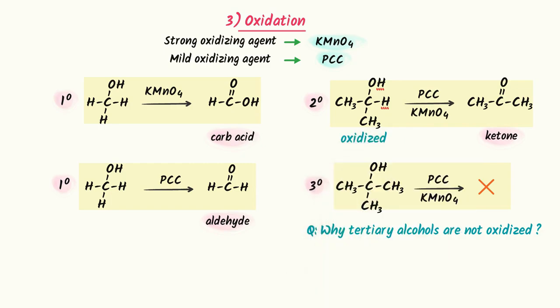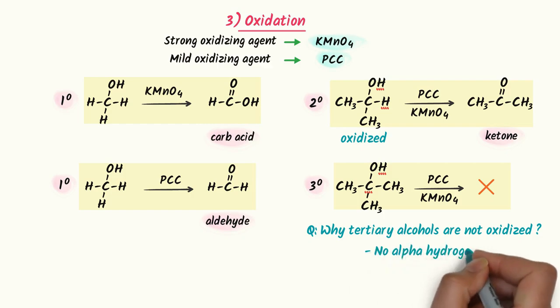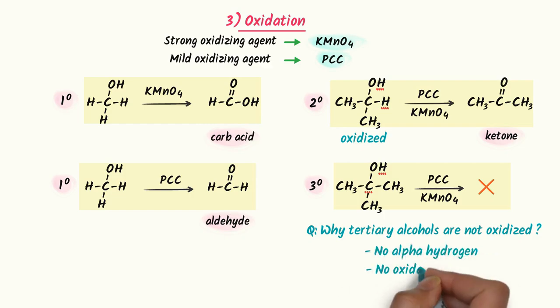On the other hand, consider 3-degree alcohol. Here, oxygen will lose this hydrogen, but we can see that there is no alpha hydrogen present with this carbon. No alpha hydrogen means no oxidation. That's why 3-degree alcohols are not oxidized. Let's note down these important reactions.